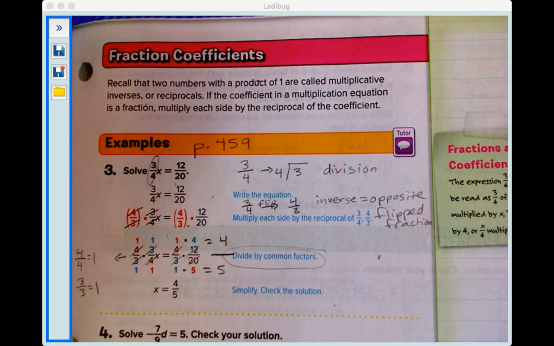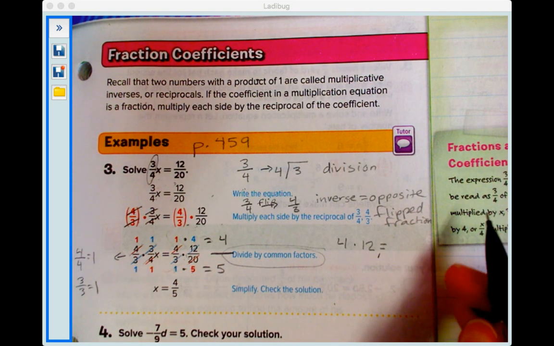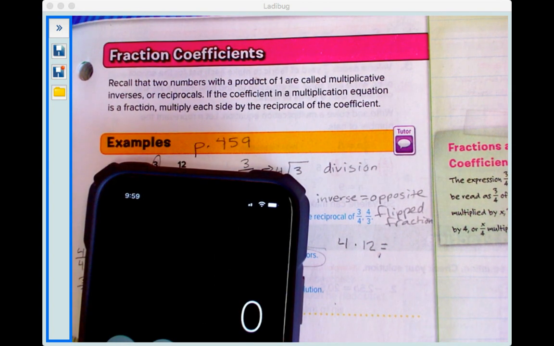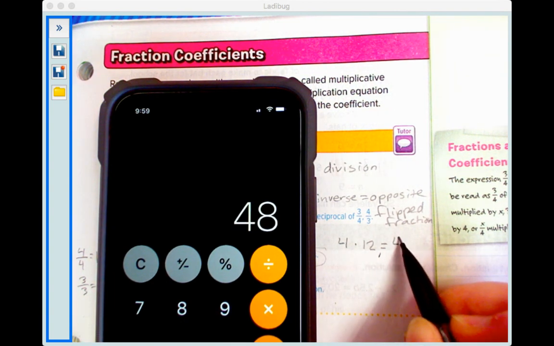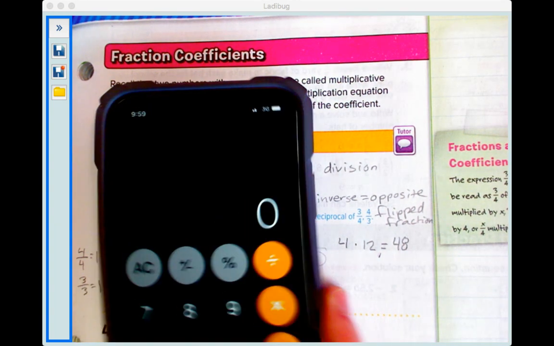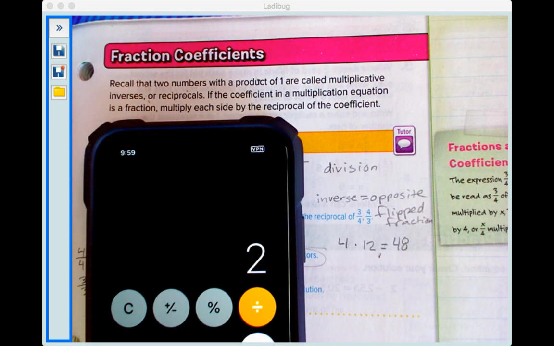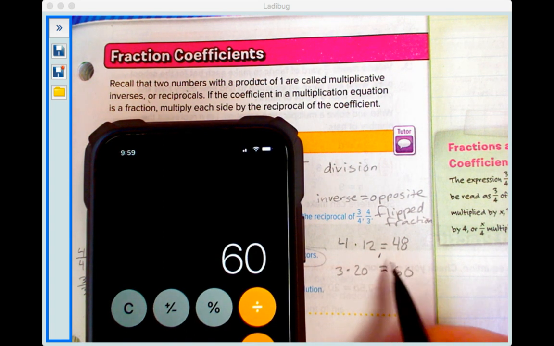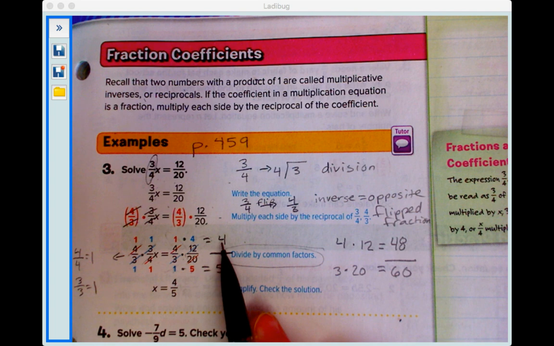So that would look like 4 times 12 equals 48, and 3 times 20 equals 60. 48 over 60 equals 4 over 5.